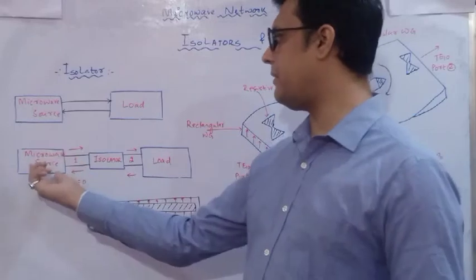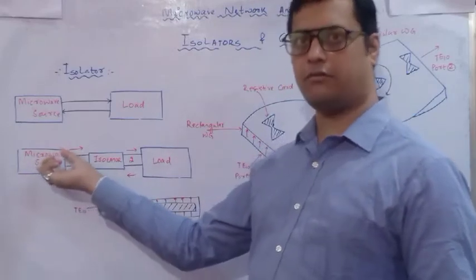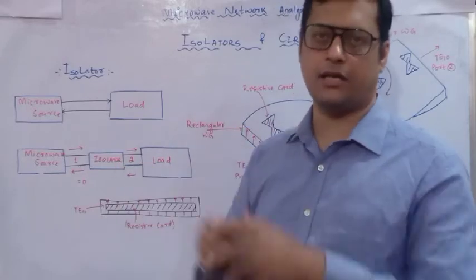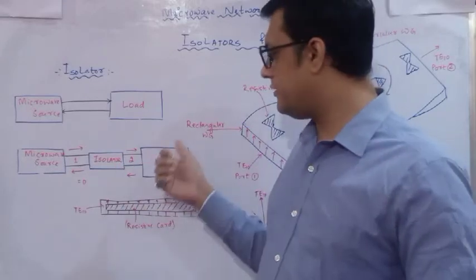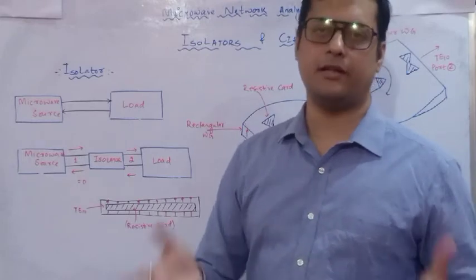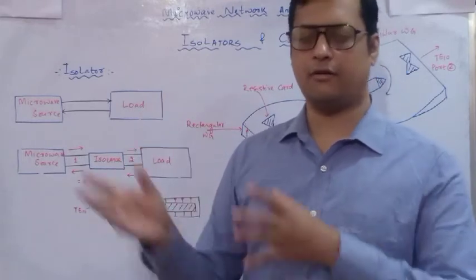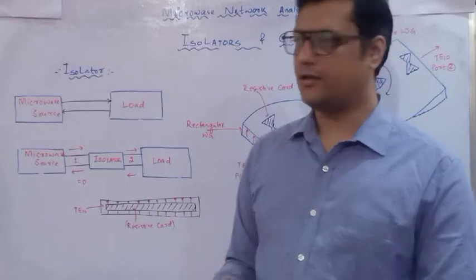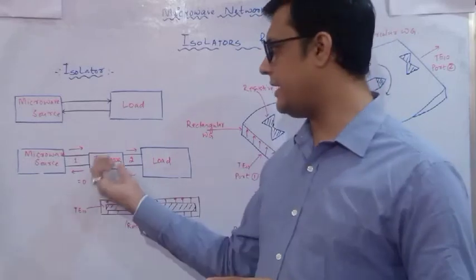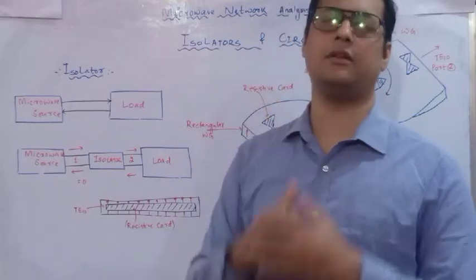So whatever power is fed from the microwave source will be transmitted from this end to this end in one particular direction. Now let us consider this load is a mismatch. It is not matching with the rectangular waveguides or the transmission line. So if it is mismatched, reflected waves will be generated, and the isolator will absorb all those reflected waves.